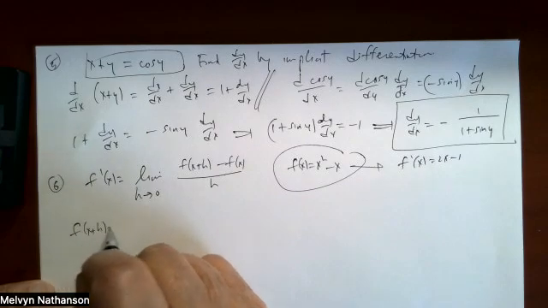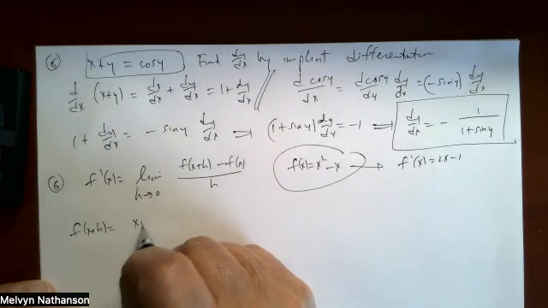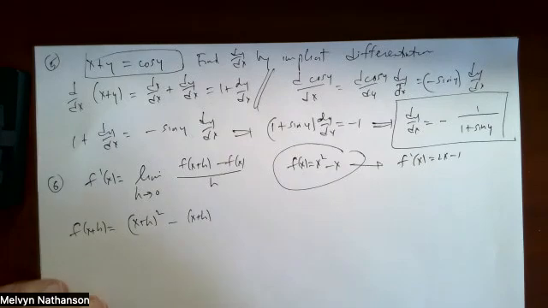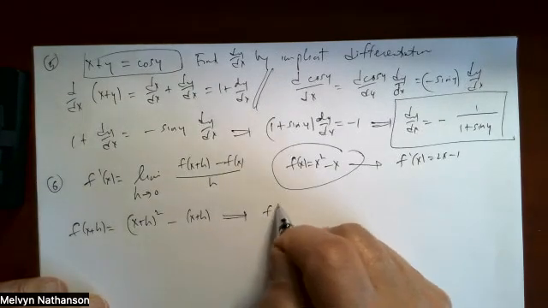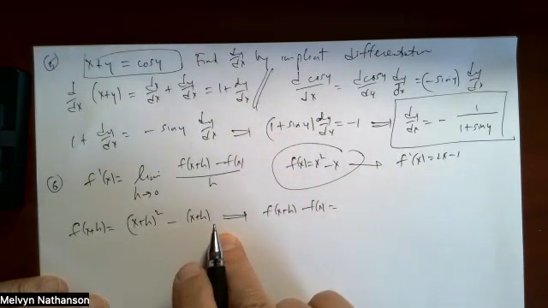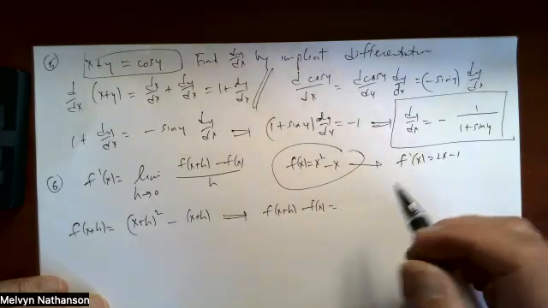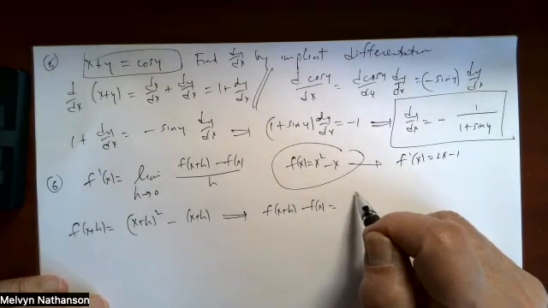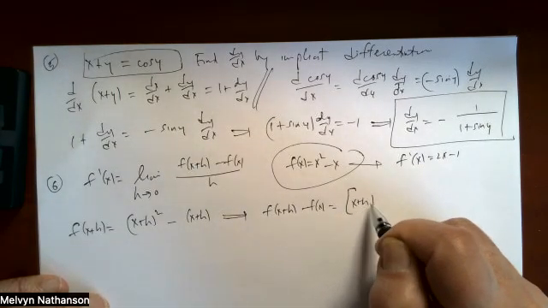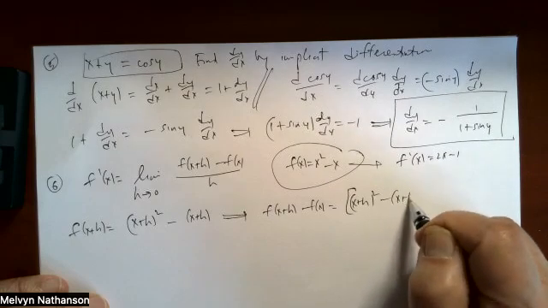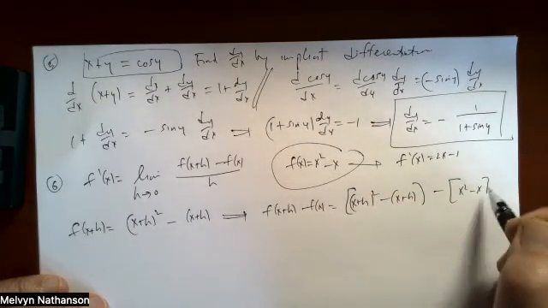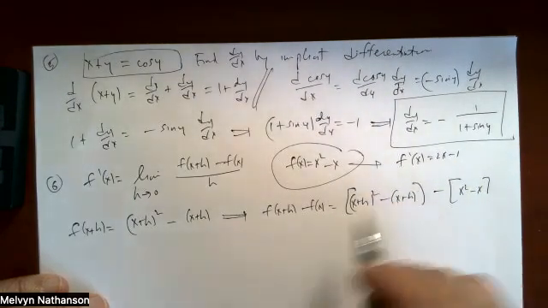So f of x plus h, what is that? That's x plus h squared minus x plus h. So that means I take f of x plus h minus f of x. That's this expression. Let me write it down carefully. F of x plus h is x plus h squared minus x plus h, minus f of x, which is x squared minus x.